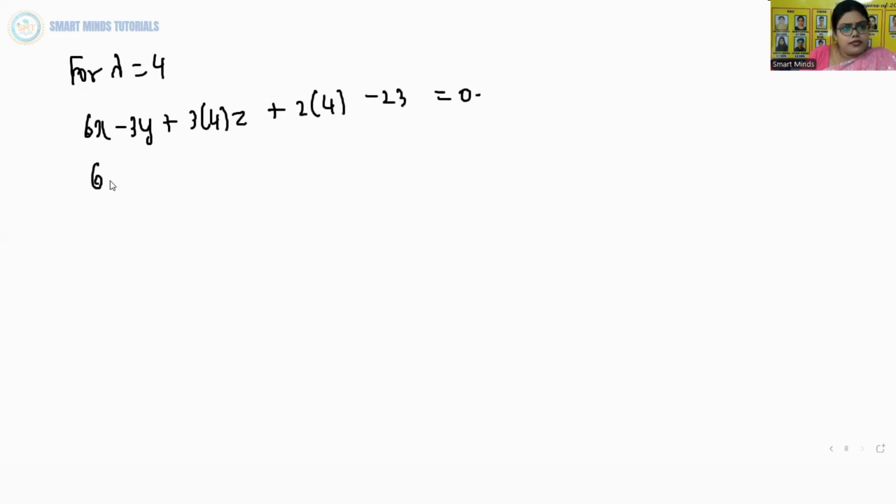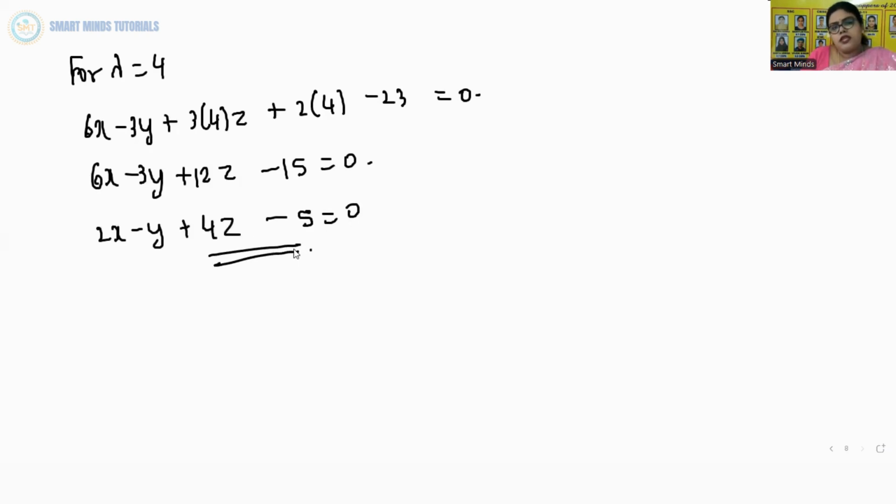For lambda is equal to 4: 6x minus 3y plus 3 into 4 z plus 2 into 4 minus 23 equals 0. So you get 6x minus 3y plus 12z minus 15 is equal to 0. If I take 3 common, we get 2x minus y plus 4z minus 5 is equal to 0. So this is the equation when lambda is equal to 4.